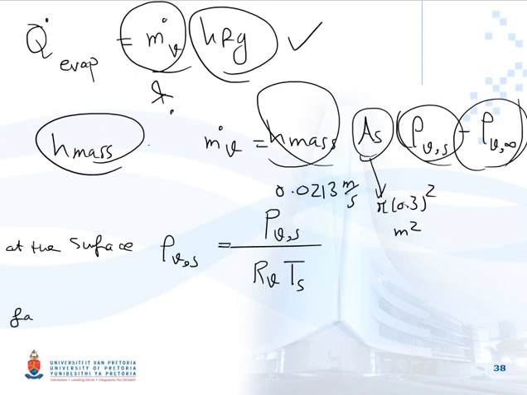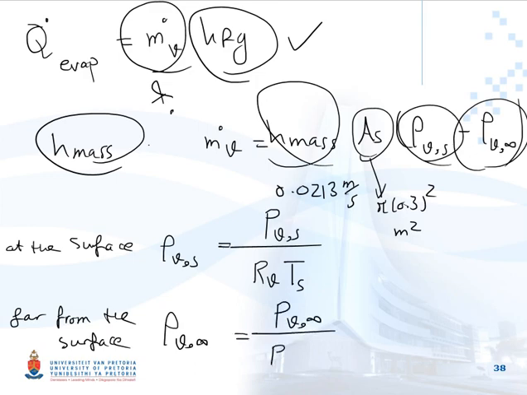Far from the surface, it is the partial pressure divided by R T infinity.